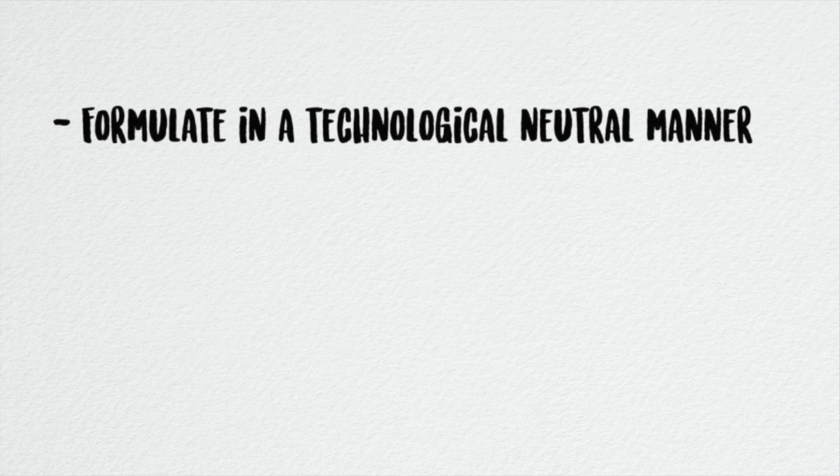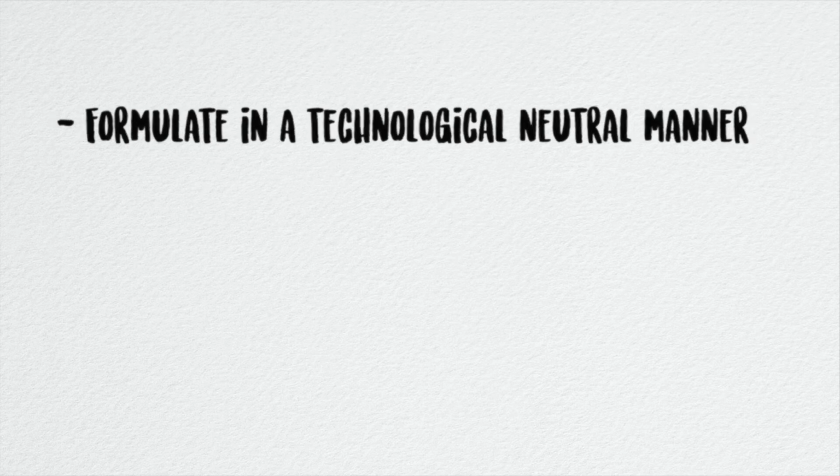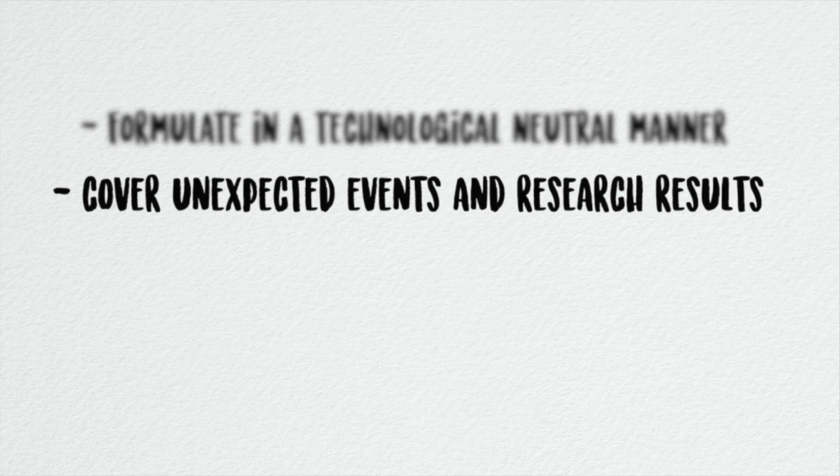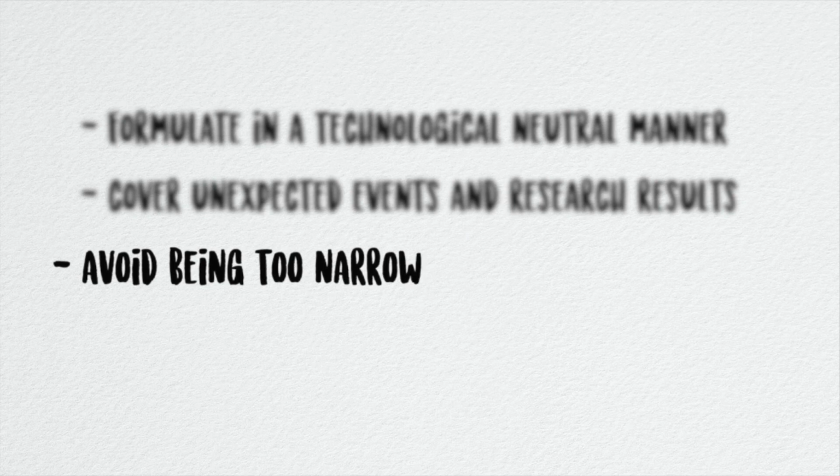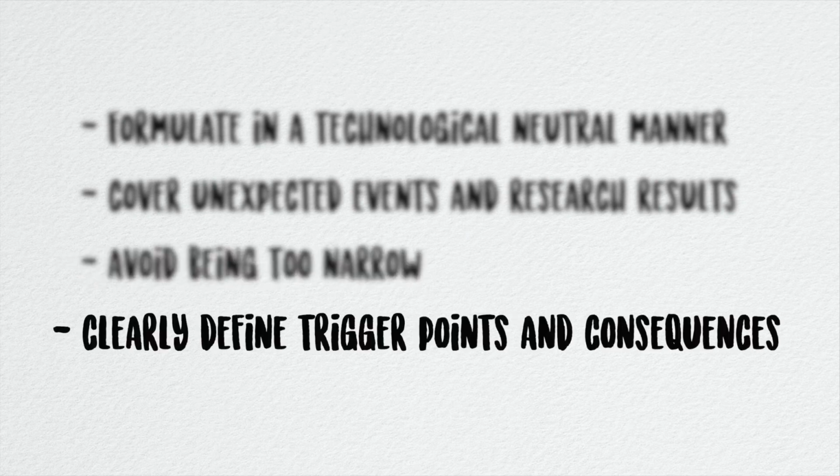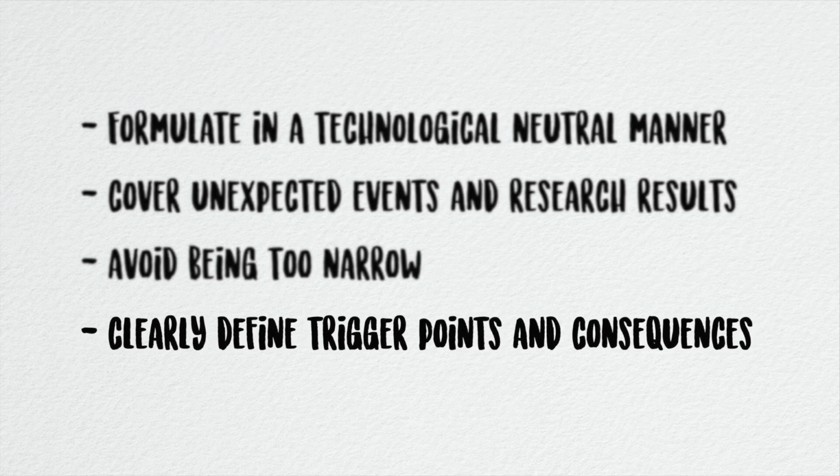In order to do so, the terms of your ABS contract have to be formulated in a technological neutral manner and need to cover unexpected events and research results. Avoid being too narrow. Also, make sure to clearly define trigger points and consequences for non-actions.